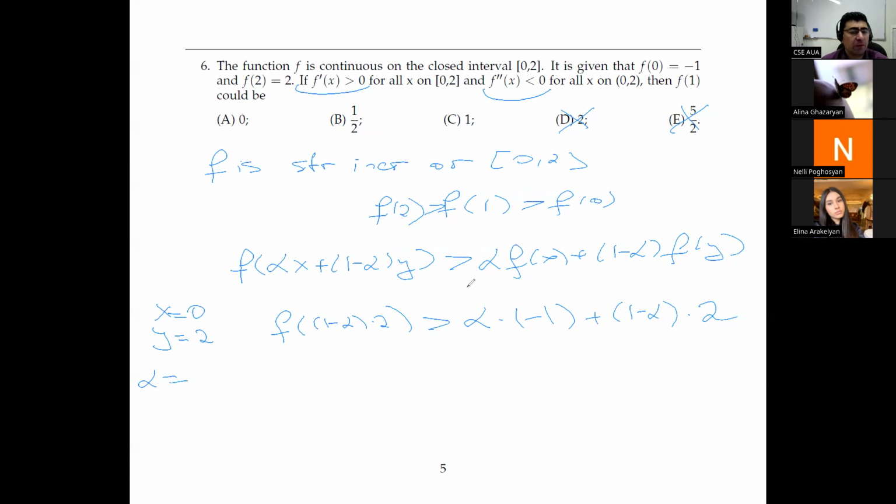Remember, our goal is to understand what f(1) is. So for alpha, let's choose 1/2 to get something about f(1).